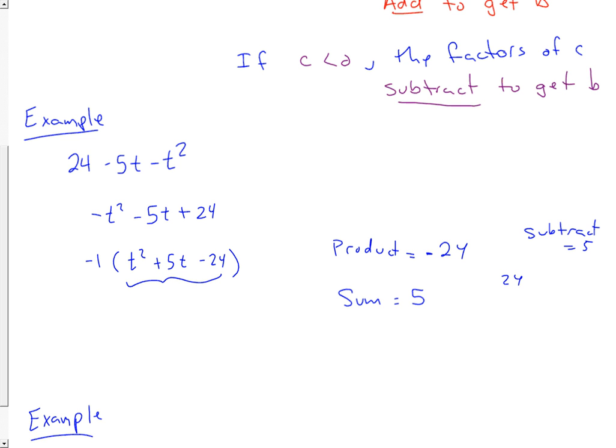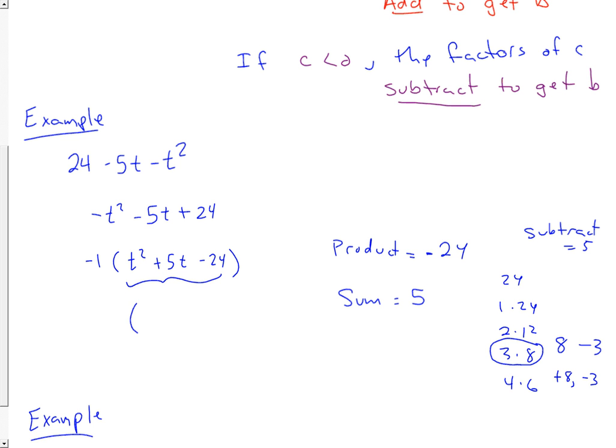The factors of 24 are 1 times 24, 2 times 12, 3 times 8, and 4 times 6. I have to look at these pairs of factors and see which ones I can subtract to get 5. And I need a positive 5. So if I take 3 and 8, and I have 8 minus 3, that gives me 5. That means I have a positive 8 and a negative 3.